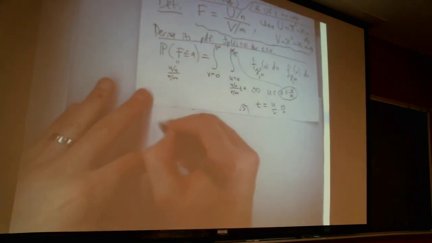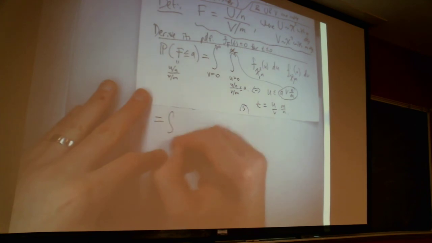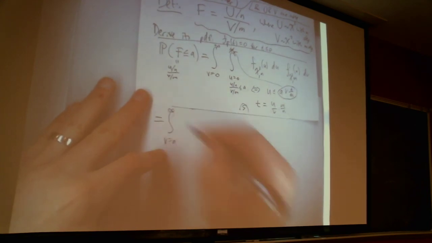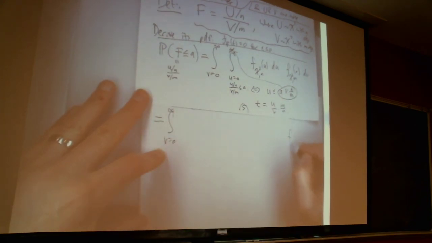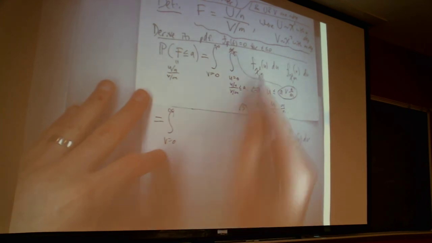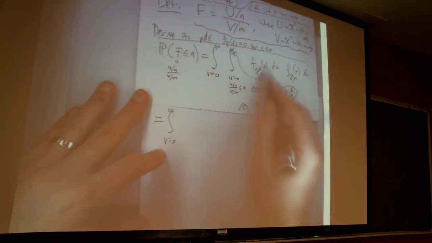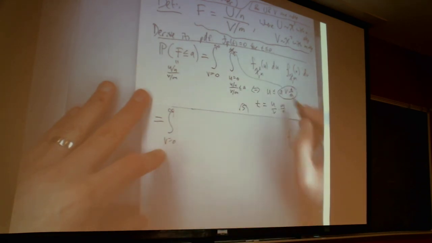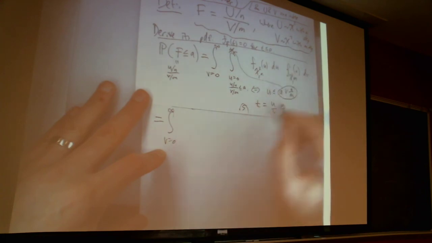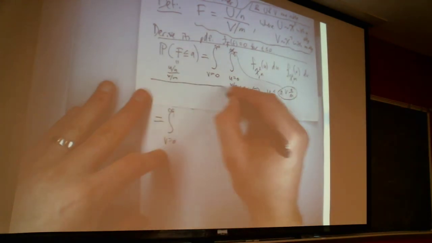So this is equal to, let's leave the v integral alone for a second, f chi squared with m degrees of freedom of v dv. I need to know what this chi squared is. We just said what it was.